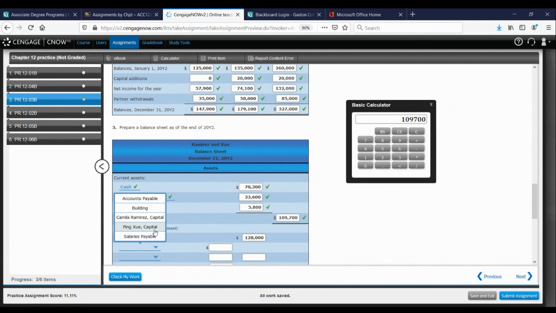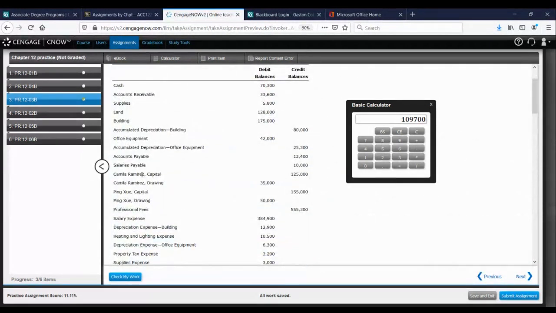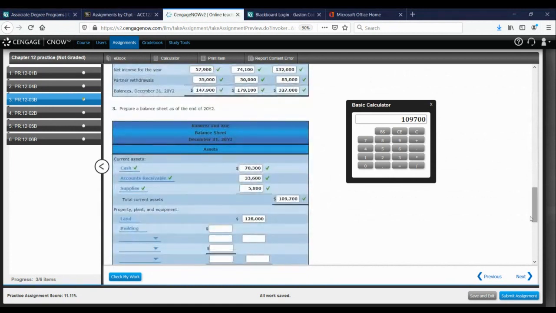The next account, the only one you could choose here, is building. If you're looking at the additional information that they've given you up here, your building is the next plant asset account that they want you to list. The cost of the building was $175,000. Make sure you get on the right line there. $175,000 is the cost of the building.